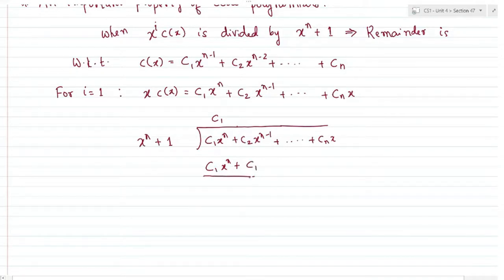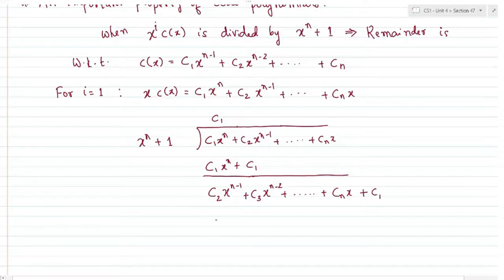And how to subtract these two? If I subtract these two elements, c1 x^n and c1 x^n will cancel with each other, and I obtain c2 x^(n-1) plus a second term c3 x^(n-2), and up to cn x, minus cn. As I told, addition and subtraction in case of binary would result in the same quantity, so I can write this as plus c1.